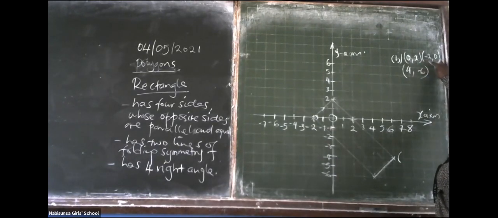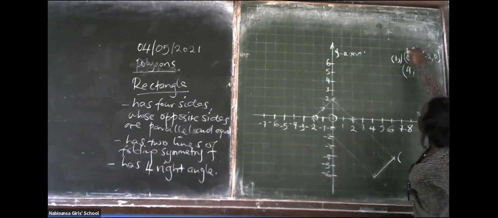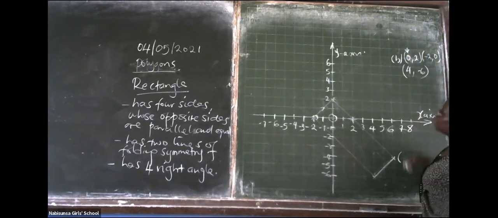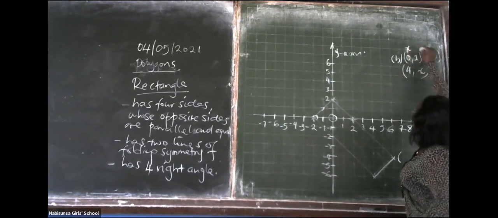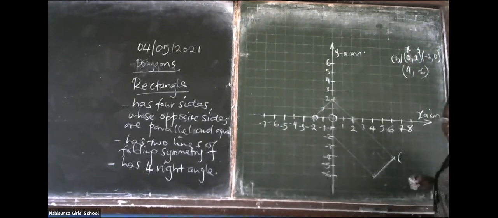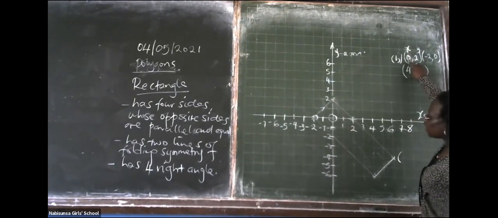We are given -2, 0, and 4, -6, right? With 0, 2, the first coordinate is the x coordinate, and the second coordinate is the y coordinate.